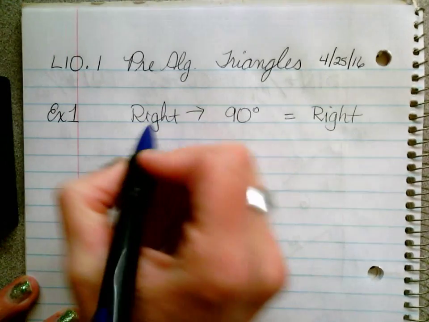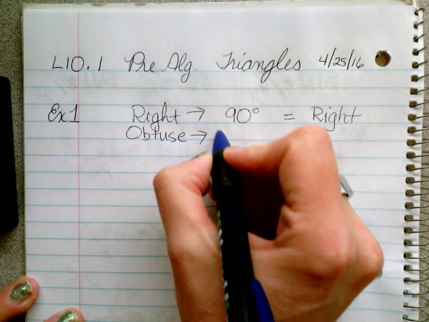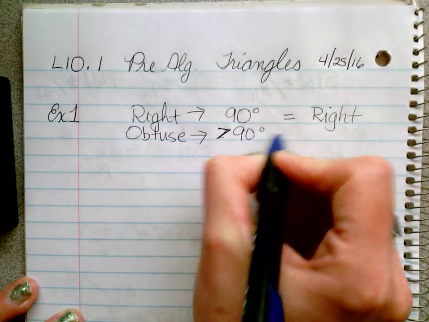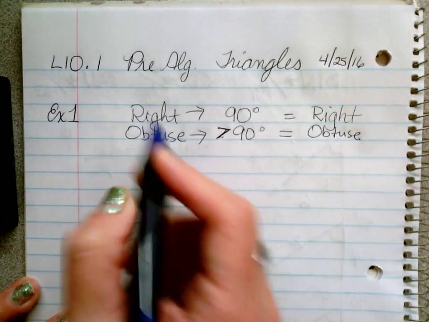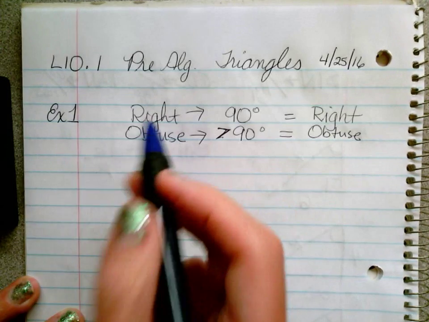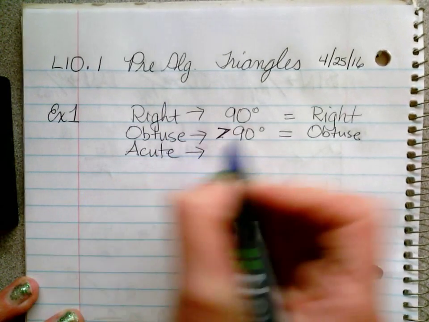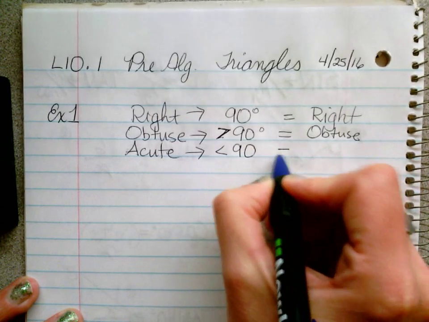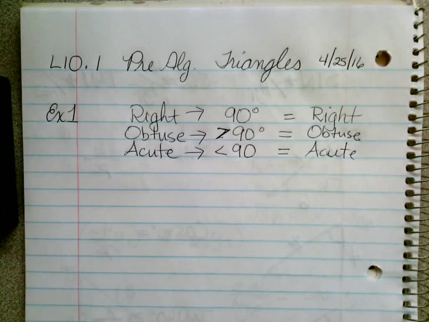If there is an obtuse angle, so that would be greater than 90 degrees, you will call it obtuse. If neither of these is within that triangle, then all of your angles must be acute, and then you would name it acute.